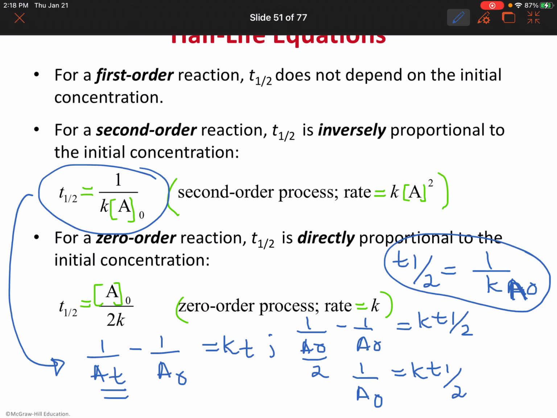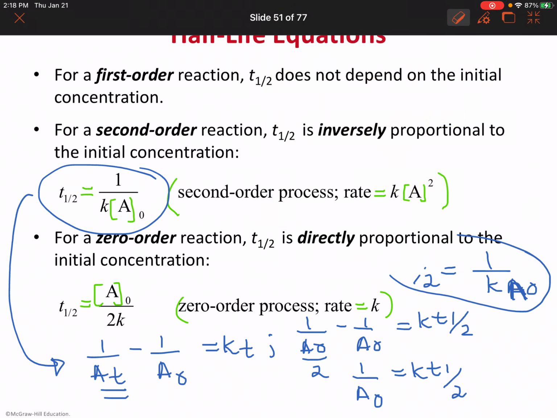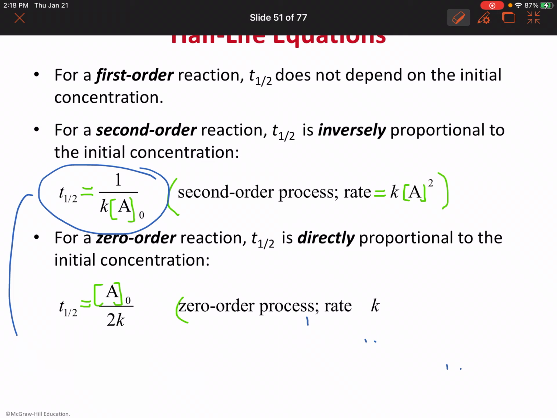So I'm going to go ahead and erase these things so I can show you the zero order one. For zero order, the integrated rate law is A t minus A naught equals minus kt.